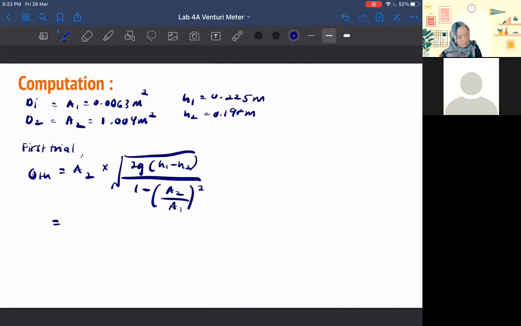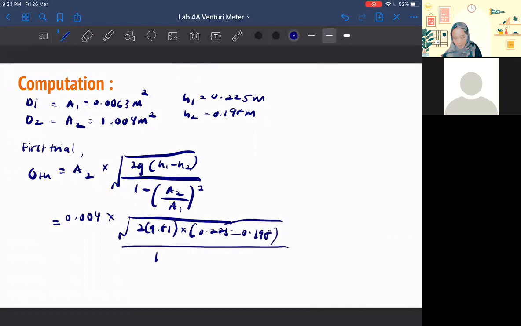Then we just substitute the values: 0.004 times the square root of 2 times 9.81 times 0.225 minus 0.198, over 1 minus 0.004 over 0.0063 squared. So we'll get the Q theory equals 3.768 times 10 negative 3 meter cubed per second.